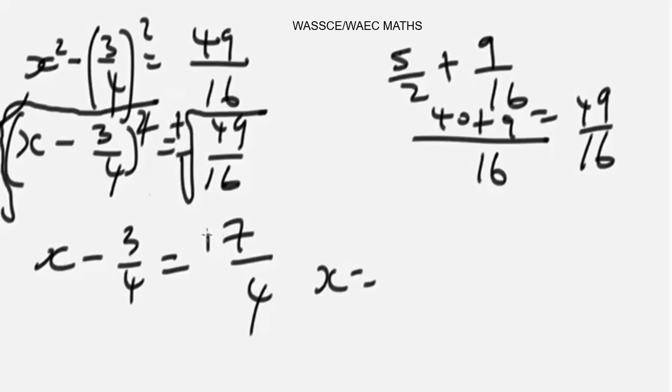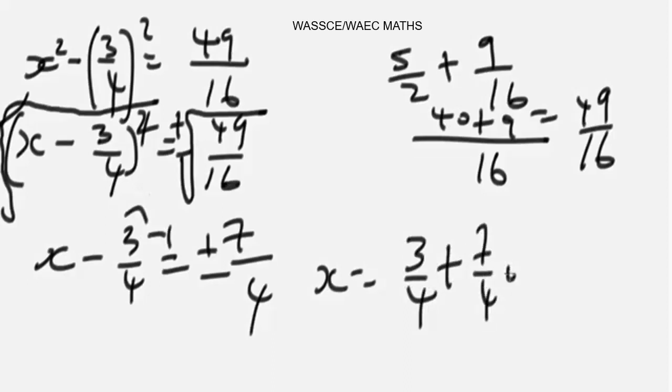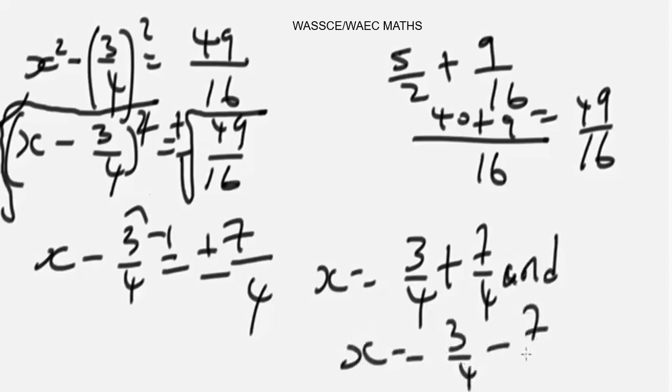So x = 3/4 + 7/4, and x = 3/4 - 7/4. Either way will be correct. So that will be the answer to this problem.